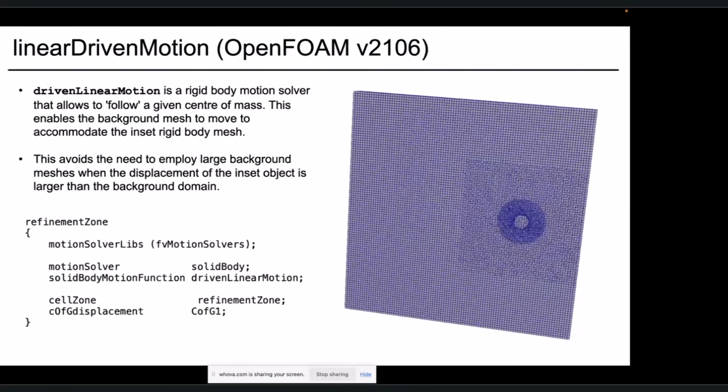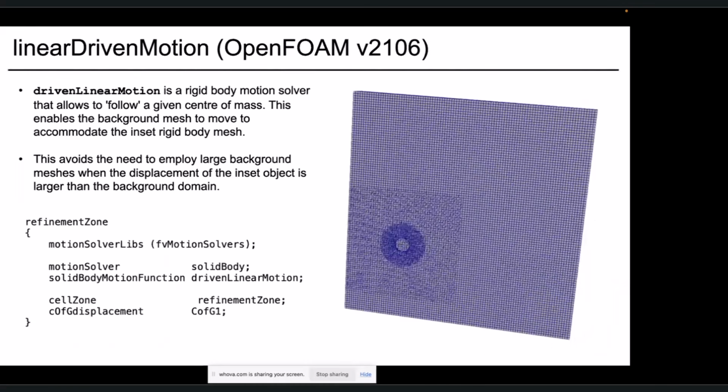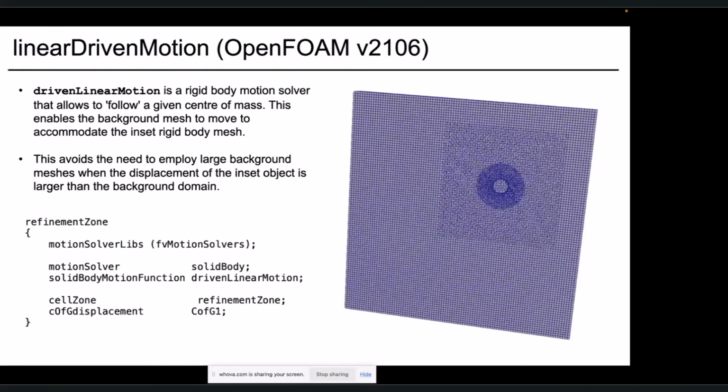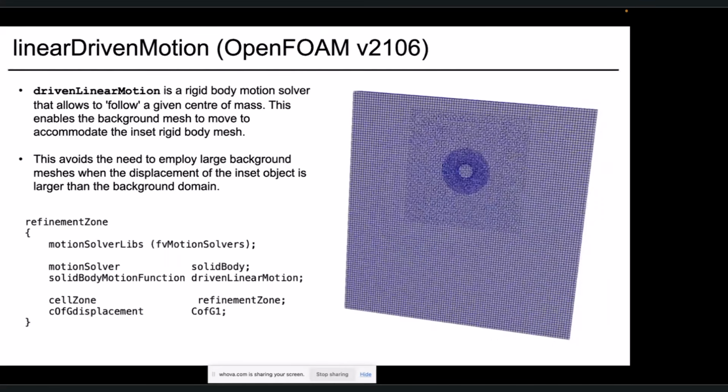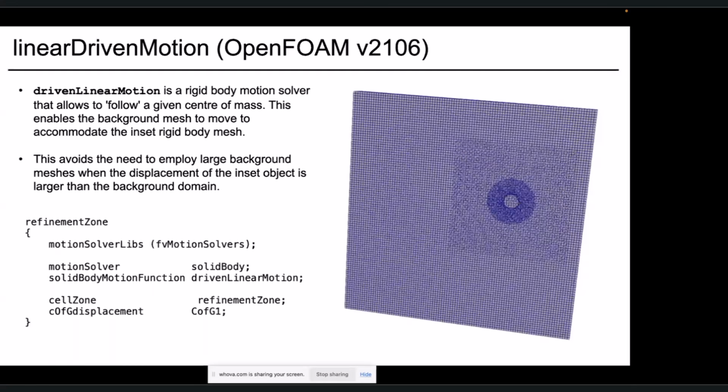This can be achieved using the solid body motion solver, and the solid body motion function is driven linear motion. I found it very useful for very specific problems, which can be useful to you too.